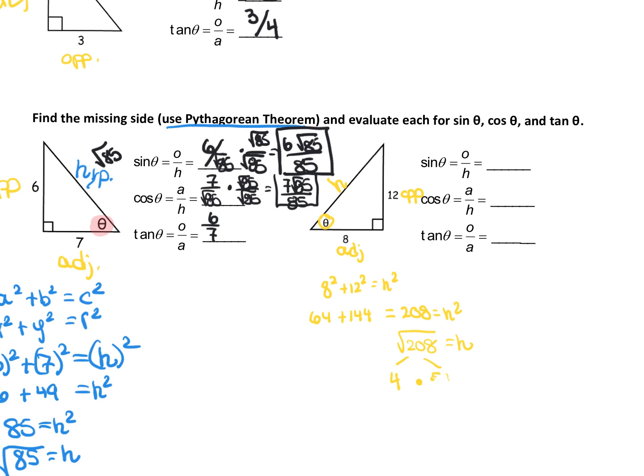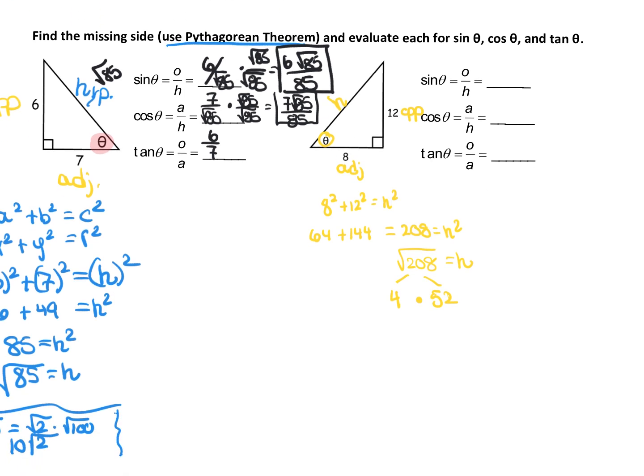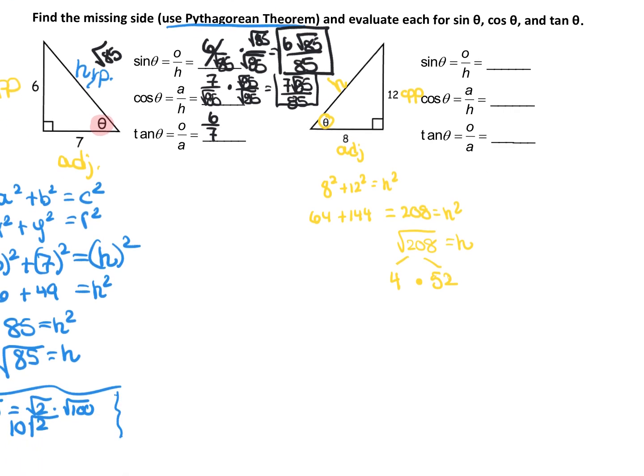Let me see if I can find something else. We're going to keep going until I get down to prime numbers. This 4 is 2 times 2. 52 is 4 times 13. So 2 is a prime number, 4 breaks down into 2 times 2, and 13 is a prime number.